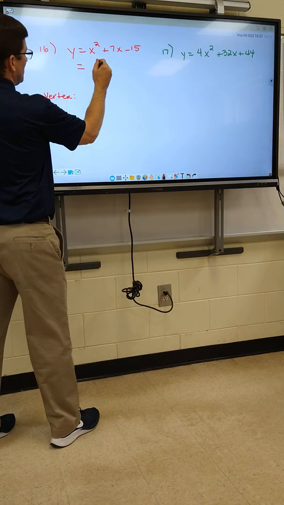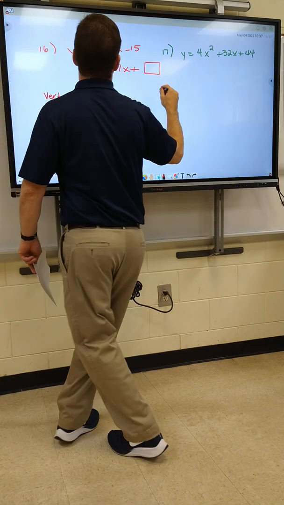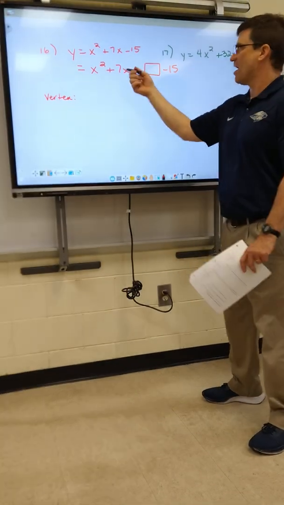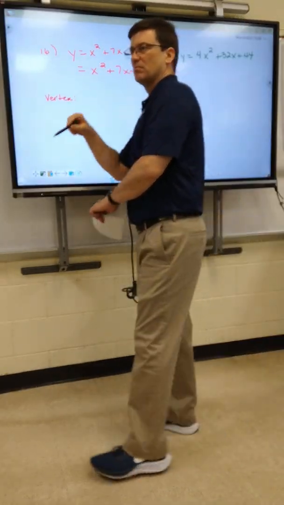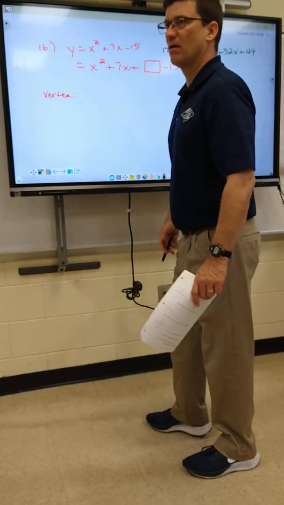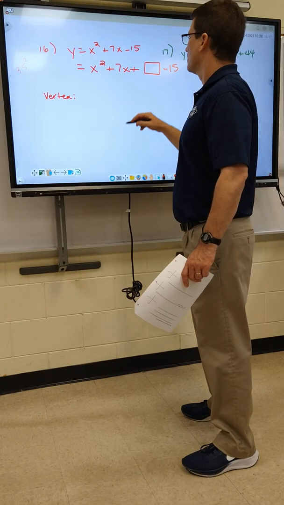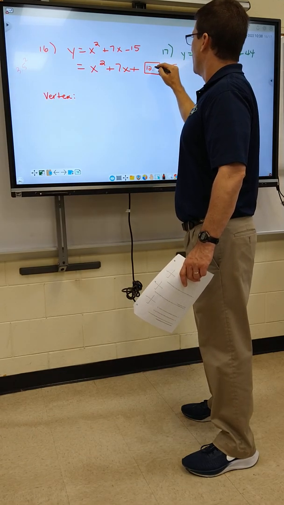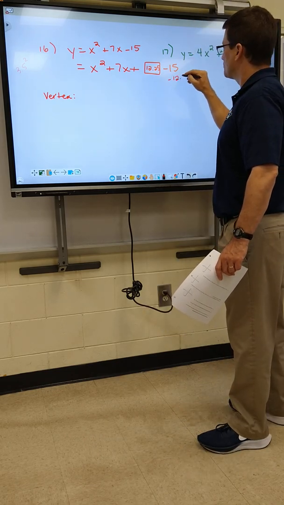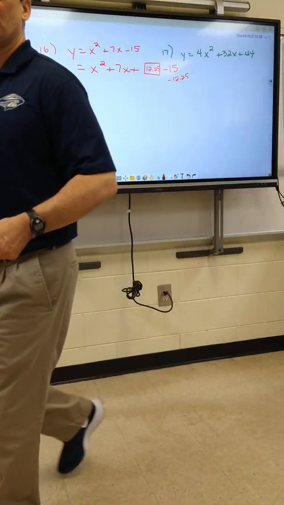All right, so you guys make your group on 16. All right, Eric, how are we going to do this one? What's half of 7? 3.5. Square that for me. 3.5 squared is? All right, so I got 12.25 there, which means I've got a minus 12.25 there because on the parabolas we flip the sign, remember?